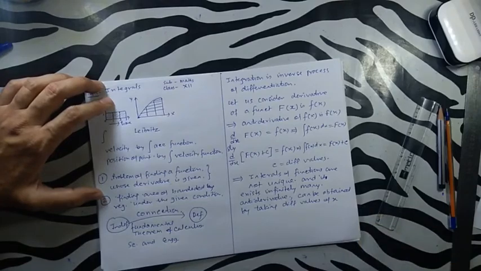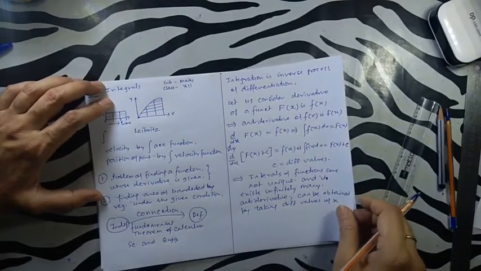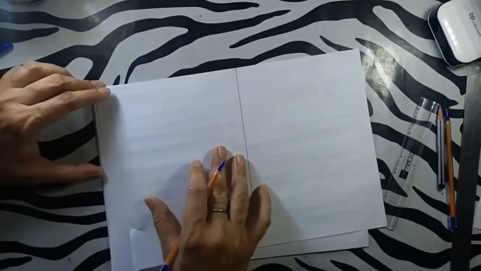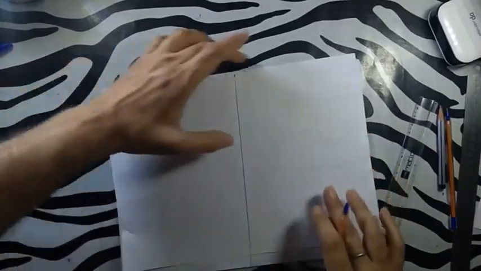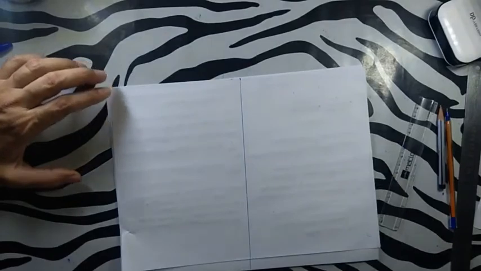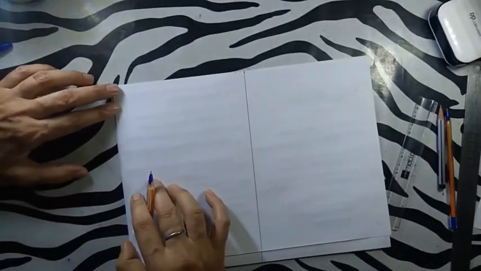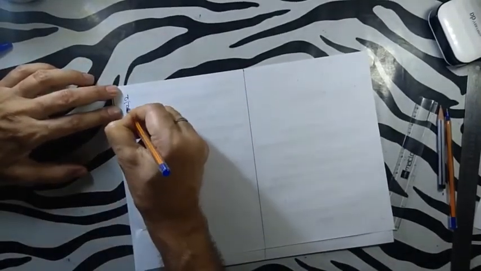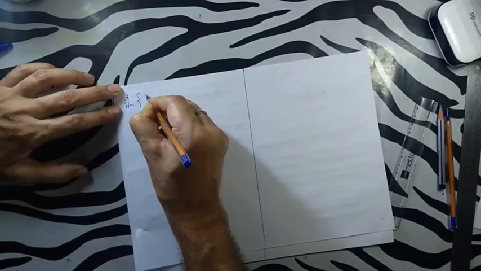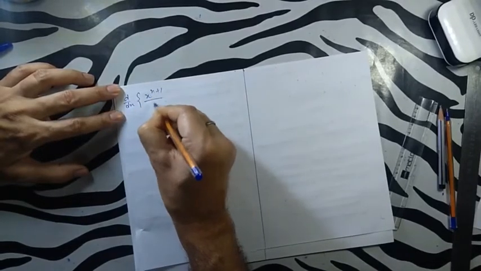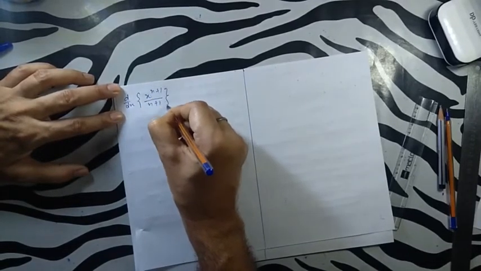Now let us see a basic formula to understand. Consider d by dx of x raised to power n plus 1 upon n plus 1. Now we have to differentiate it.